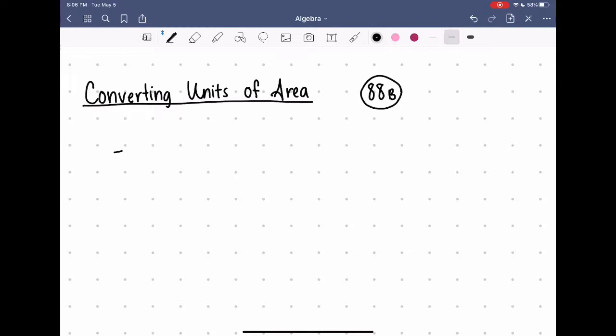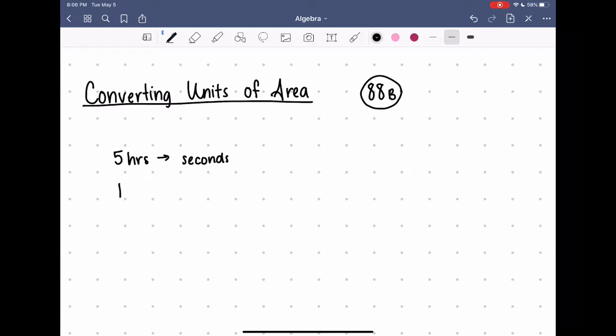So I need to get from 5 hours to seconds. And off the top of my head, I don't know how many seconds are in an hour. But I know some other ratios that will help me get there. So first, I know how many minutes are in an hour.